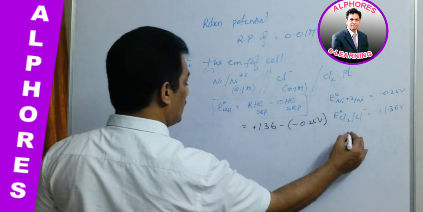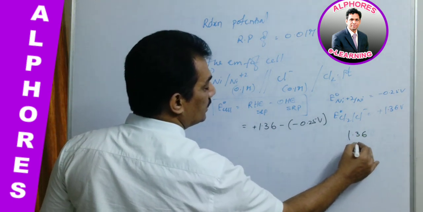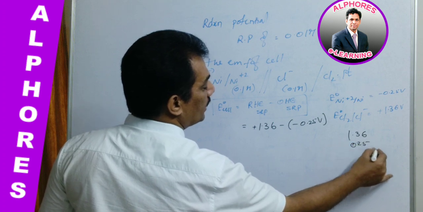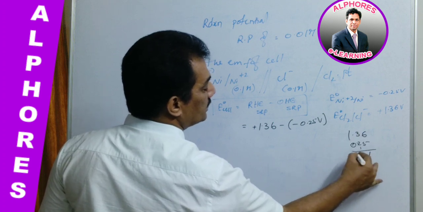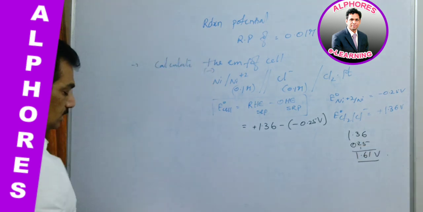Minus of minus is plus, 1.36 plus 0.25. The total value appears as 1.61 volts. That is E naught cell.